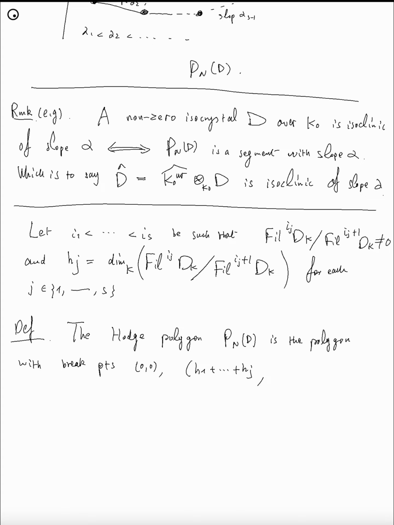The X coordinate is the addition of all those dimensions, which are hj, with y coordinates this index times this dimension.